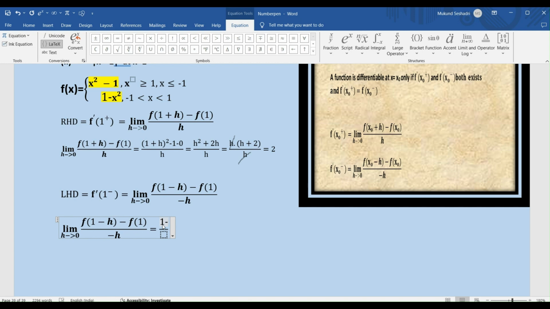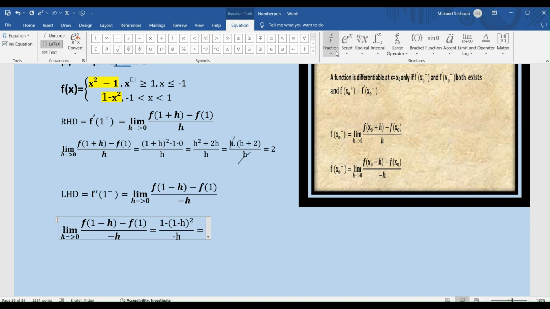So let's do that: 1 minus 1 minus h the whole square. That's the first part of the numerator. And then I have my second part, which is minus of f of 1, which we evaluated in our RHD, which will be a 0. So I'm going to skip that step because we can ignore f of 1. And we are left with 1 minus 1 minus h the whole square divided by minus h.